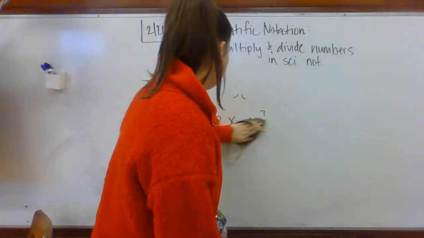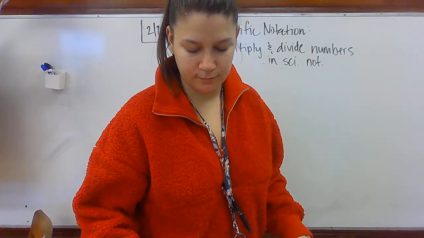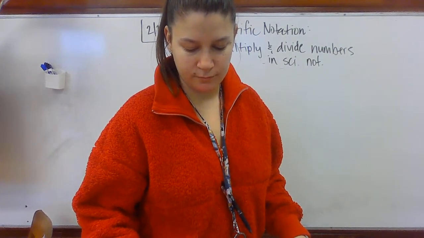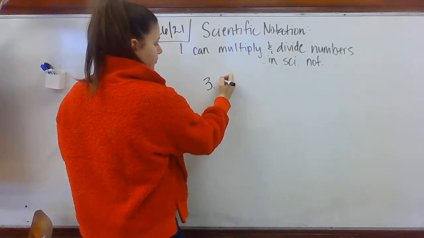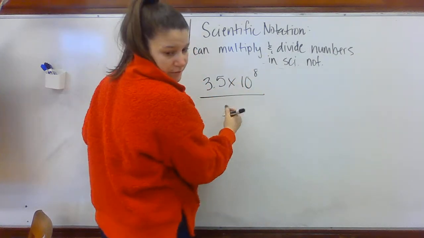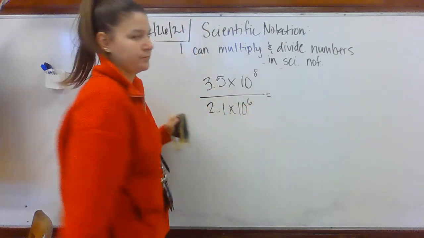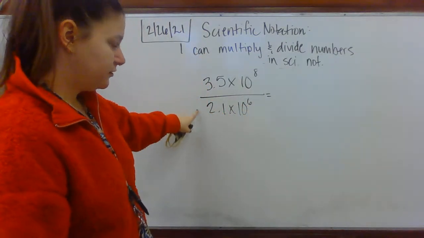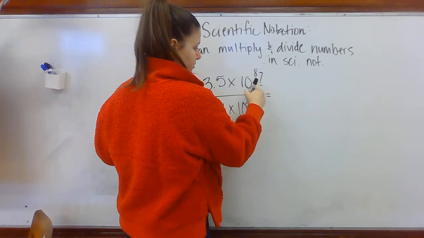On the flip side of that, let's say you have 3.5 times 10 to the 8th divided by 2.1 times 10 to the 6th. First thing you're going to do is subtract the exponents.